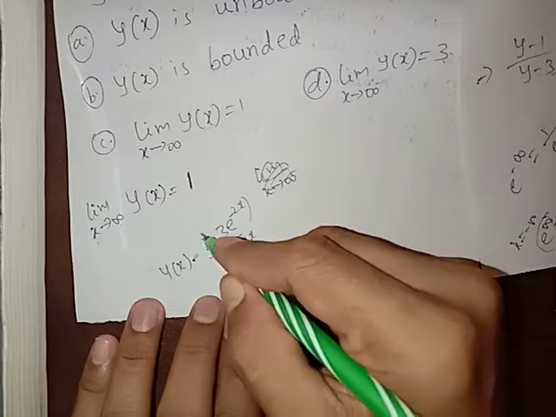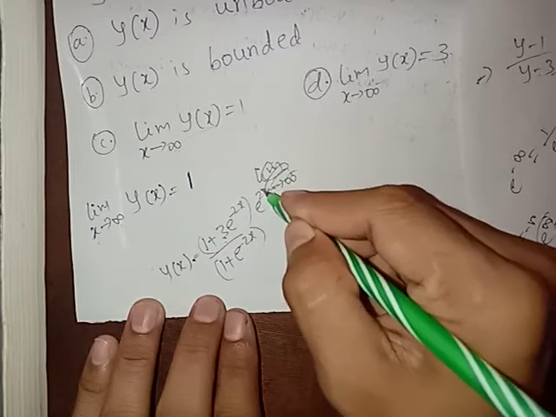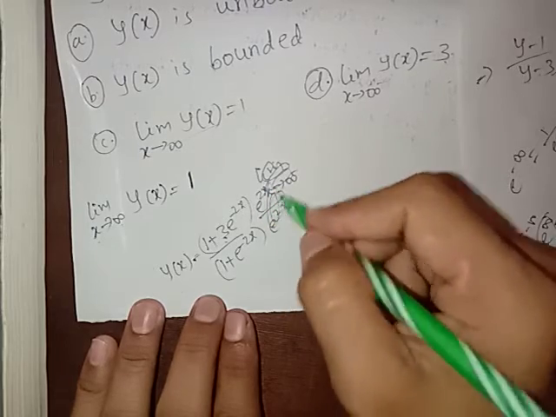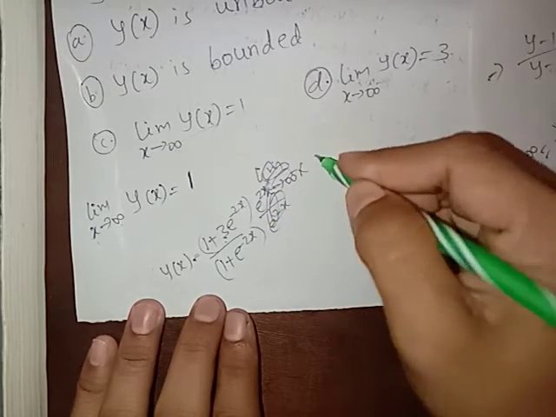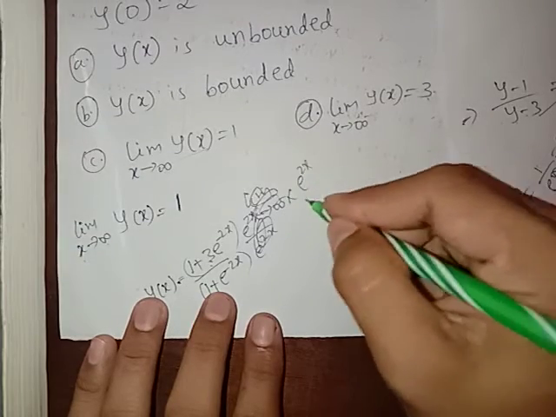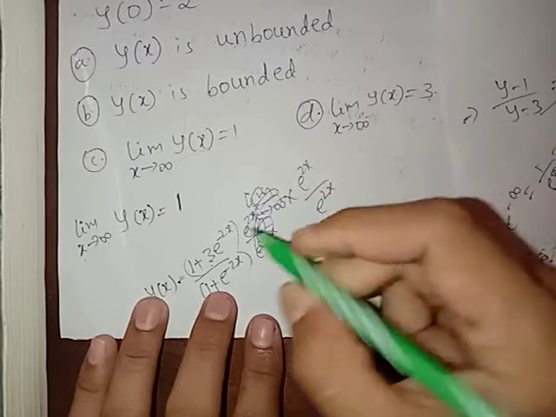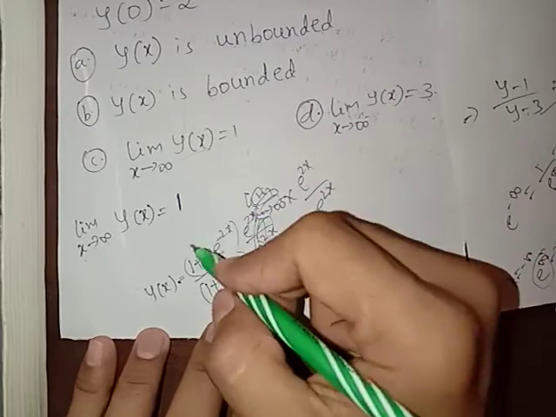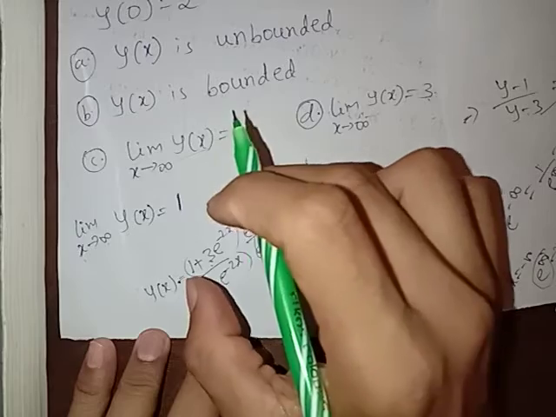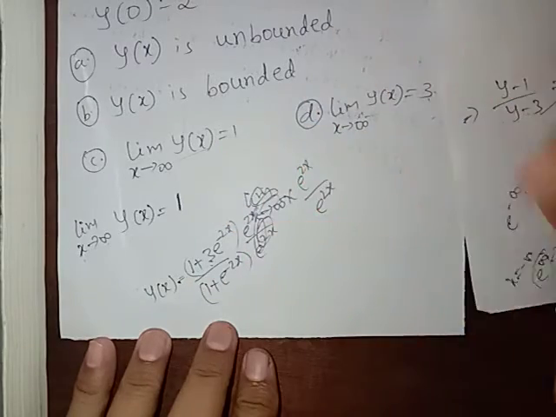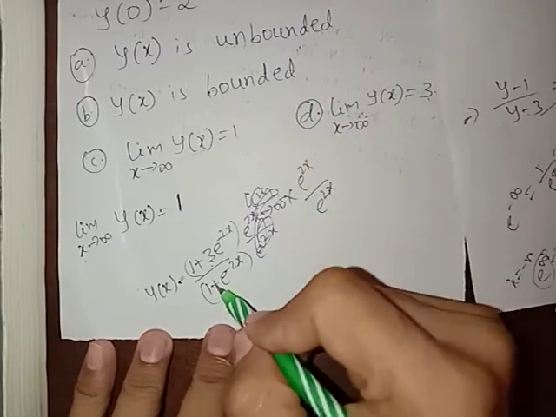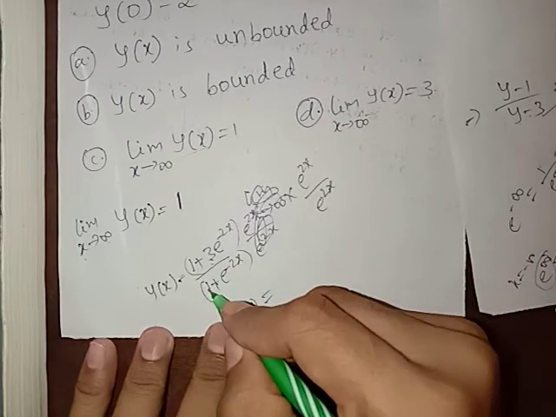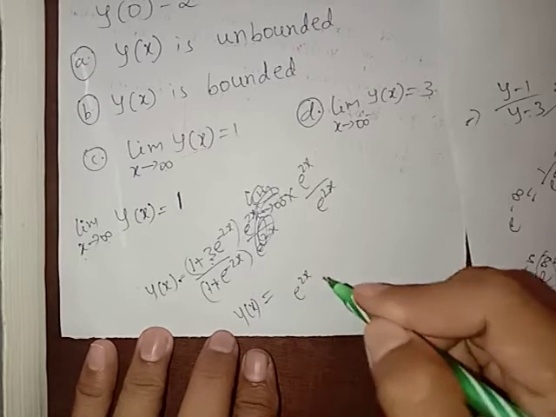If we multiply both numerator and denominator by exponential of 2x, is there any change? Exponential of 2x divided by exponential of 2x cancels out and we get 1. If we multiply a value by 1, there is no change. So we get y of x equal to exponential of 2x into 1, which is exponential of 2x.